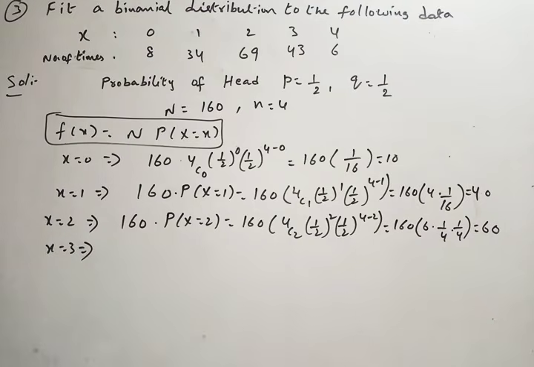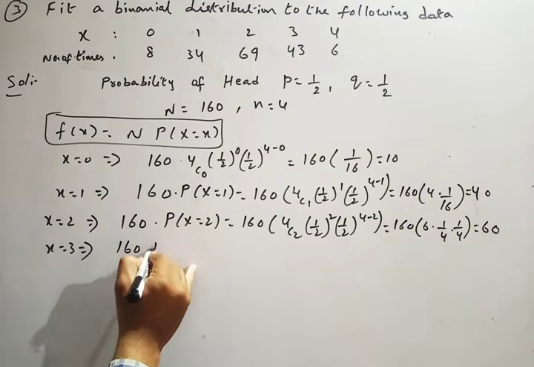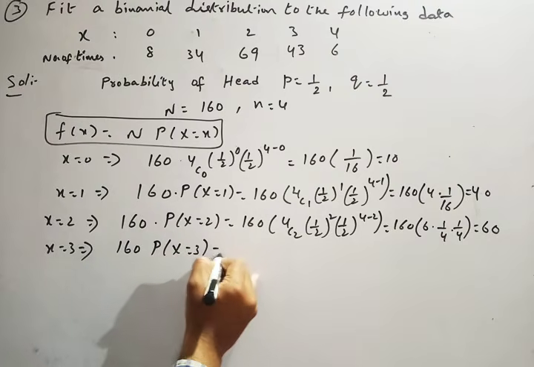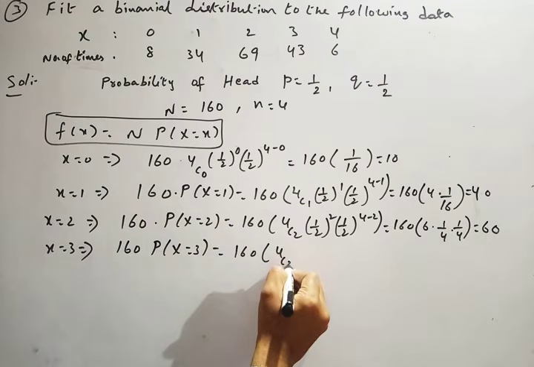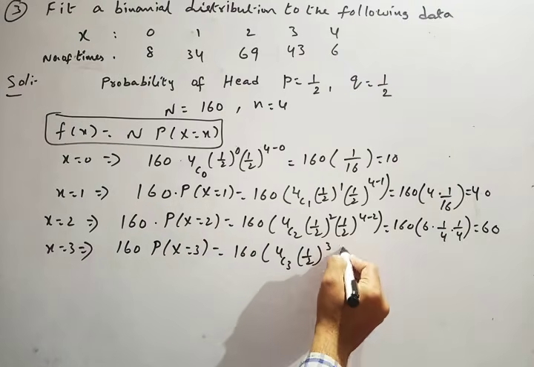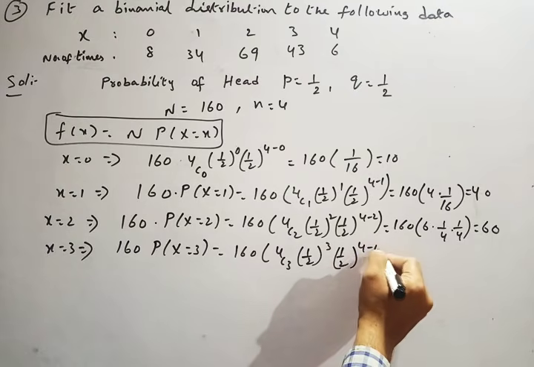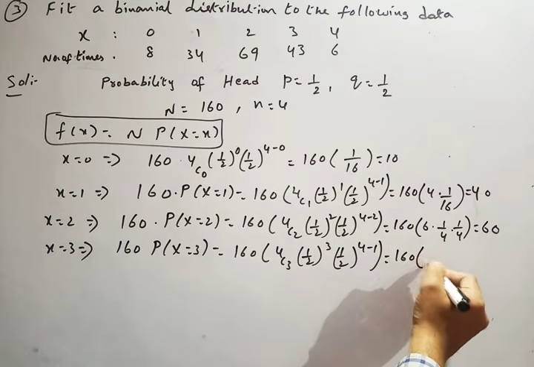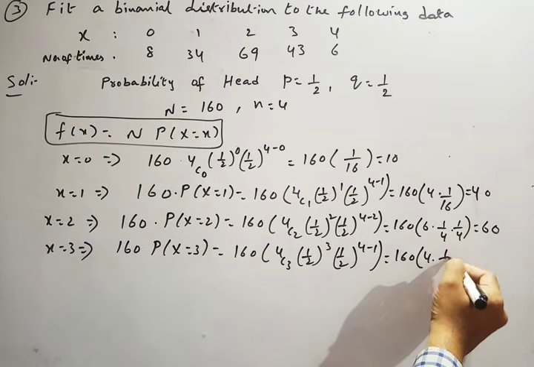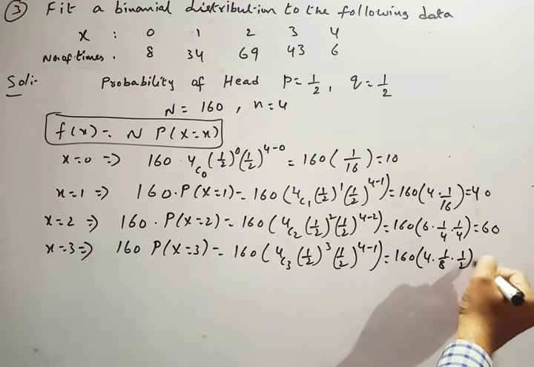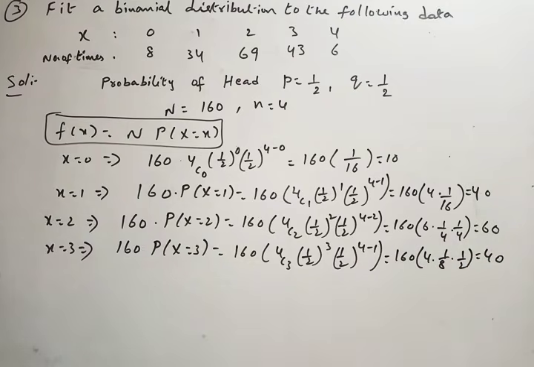For x is equal to 3, 160 into P of x is equal to 3 is 160 into 4C3, 1 by 2 whole cube, 1 by 2 power 4 minus 3. 4C3 is 4, times 1 by 8 into 1 by 2, so I get 40, correct?